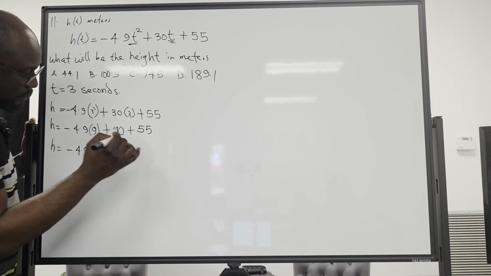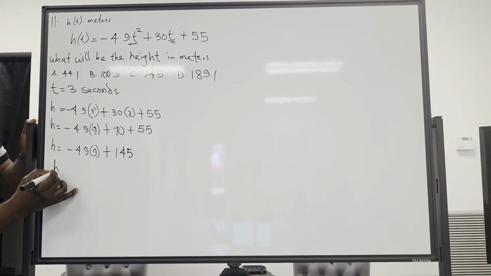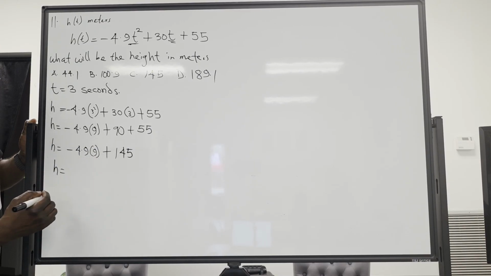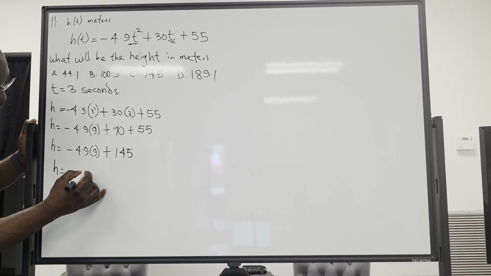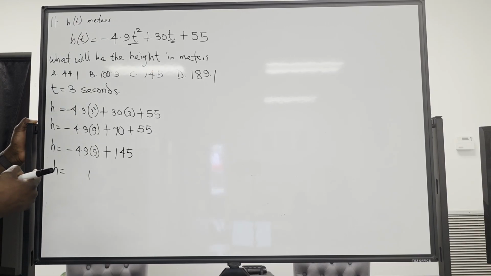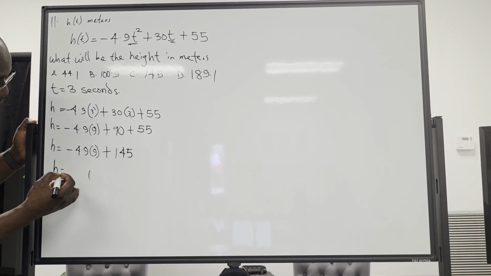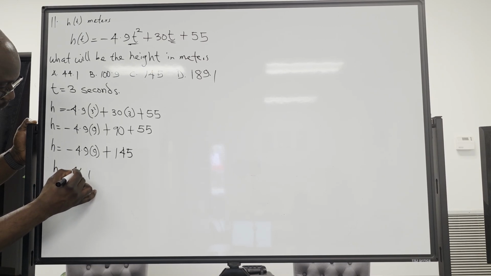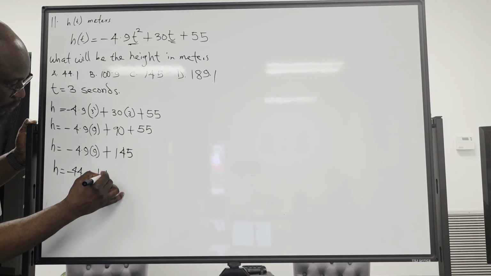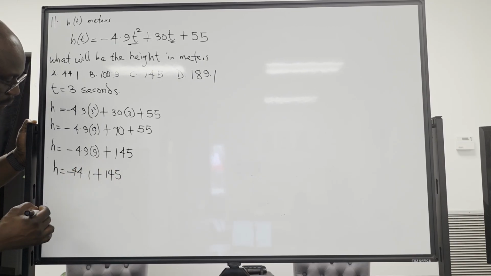145. So your h is equal to minus 4.9 times 9. 9 times 9 is 81, so you have 1 carry 8. 9 times 4 is 36, plus 8 gives us 44. So that's minus 44.1 plus 145.